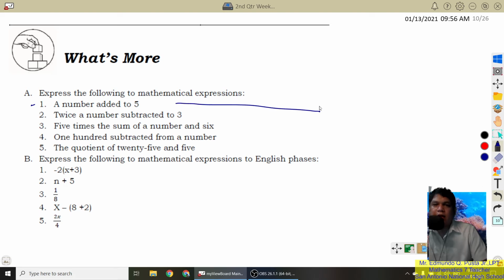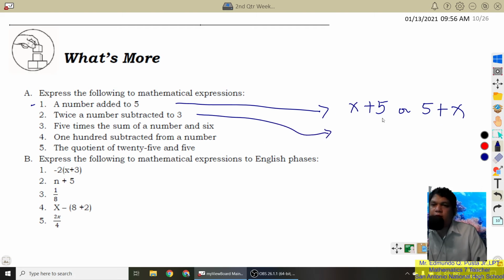This one is a number represented by x added to 5. Okay? So, or we can also have 5 plus a number. Ayan. Okay, next one. Okay, since it is commutative.